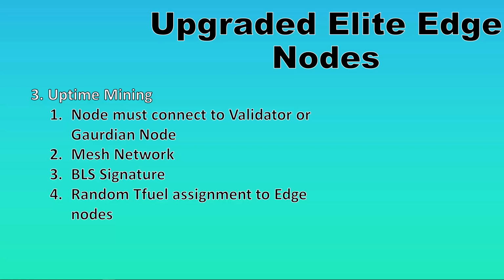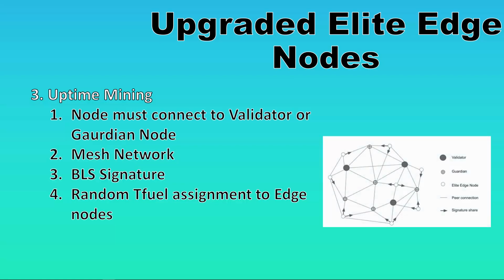You could then end up with a huge allocation of T fuel simply because your mesh network was selected to receive that incentive. This again provides uptime mining. It prevents individuals from turning a rig on, say, only when they're not using it for gaming, and instead to leave it on 24 hours a day, 7 days a week. You can see a layout of exactly how that works in the white paper. What you have are you have the validators.